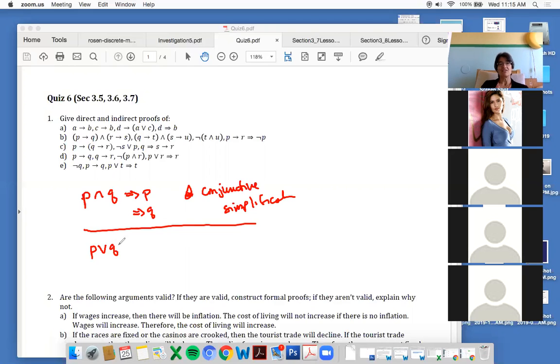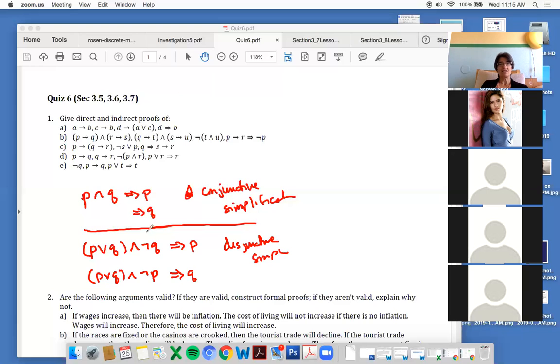For disjunctive simplification, you need to know something more. If you have P or Q and you know not Q is true, then this implies P. The other option is if you have P or Q and you know not P is true, then that implies Q. This is disjunctive simplification.